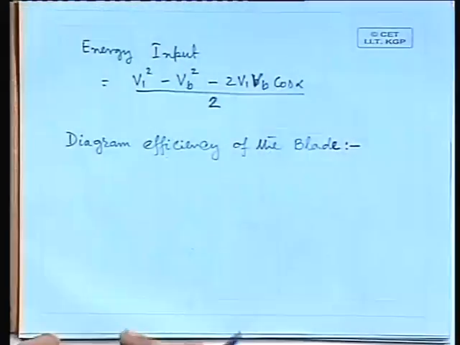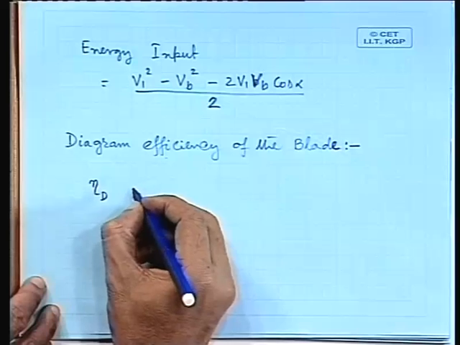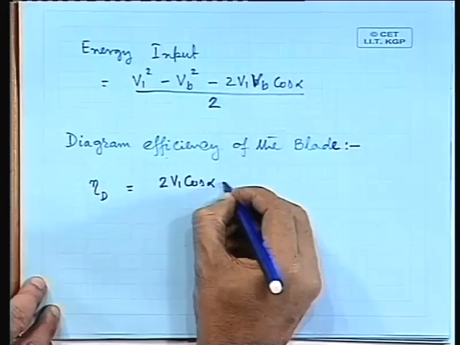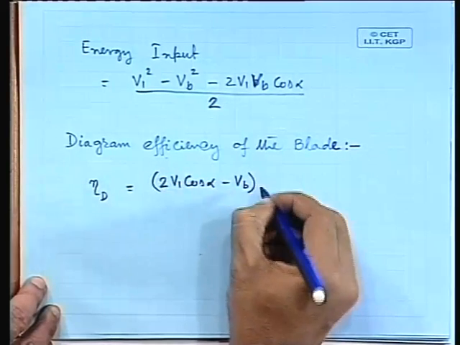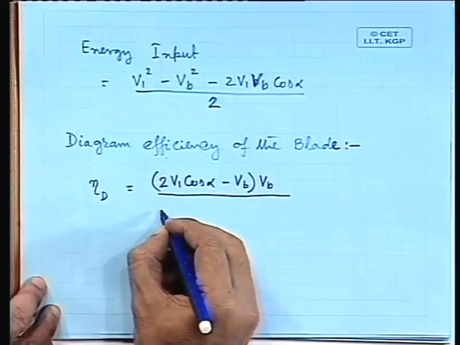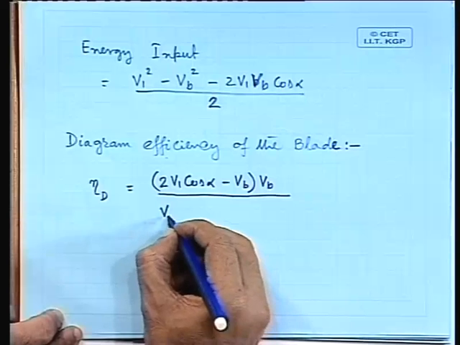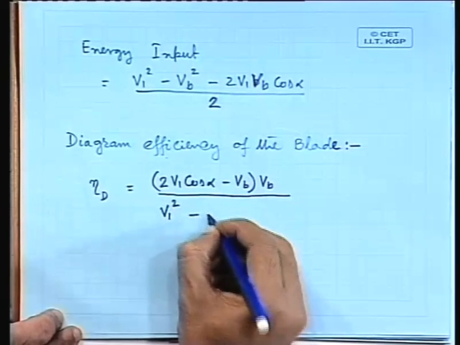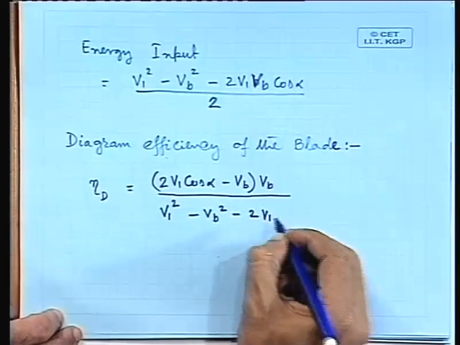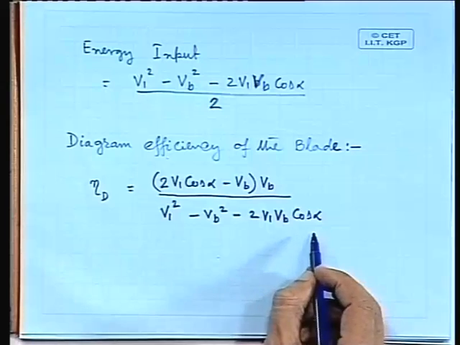If we write that, we will have eta d equal to twice (V1 cos alpha minus Vb) multiplied by Vb, divided by V1 square minus Vb square minus twice V1 Vb cos alpha, and this divided by 2.